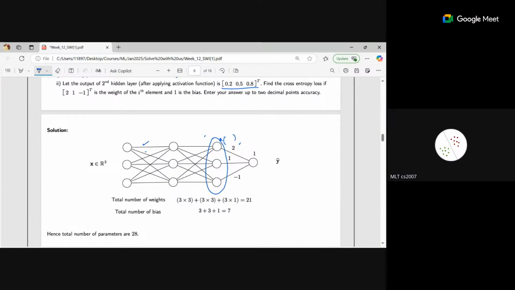If this is the output we are getting after applying the activation function, then you have to find the cross entropy loss.